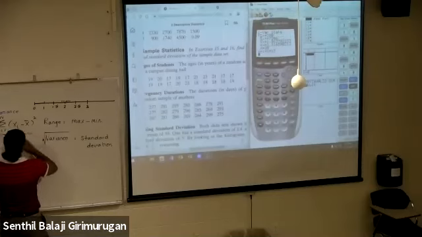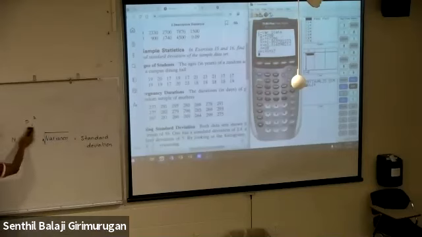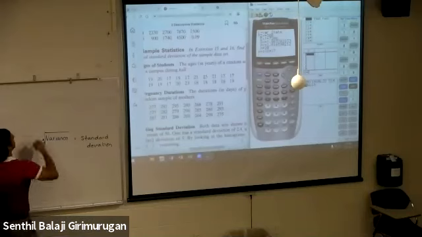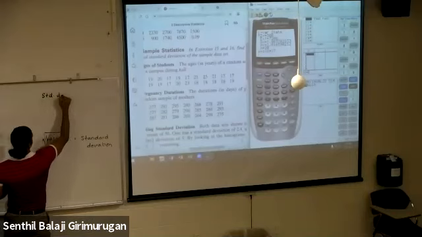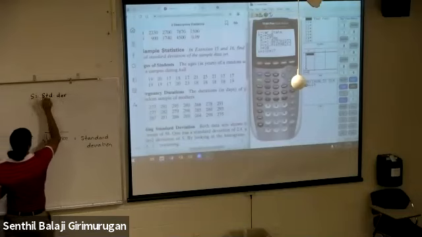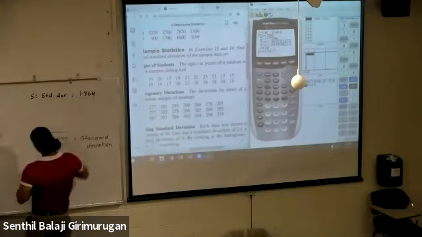As far as this class is concerned, we are going to use the sample standard deviation 99% of the time. Okay, so the sample standard deviation for the ages happens to be 1.864.